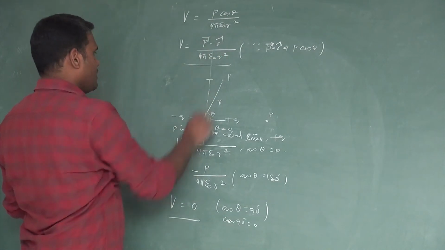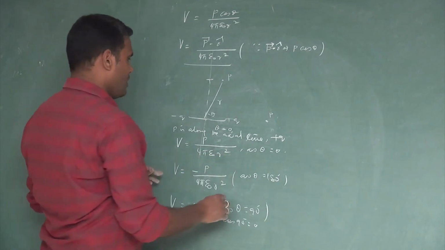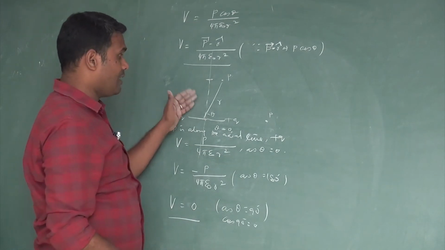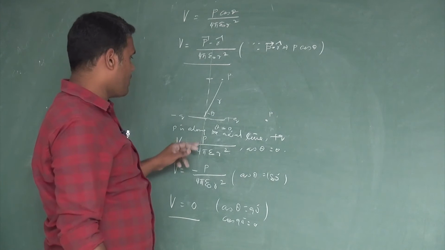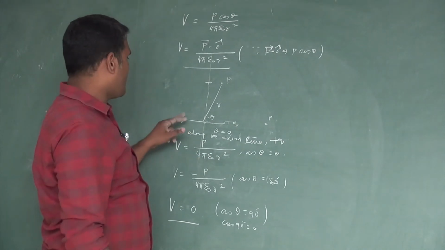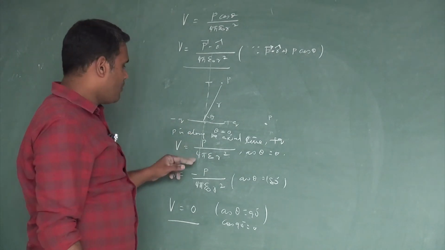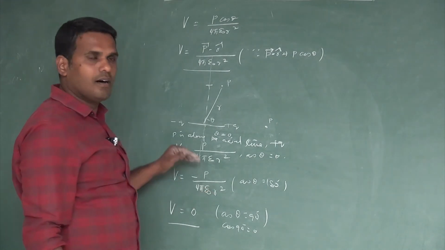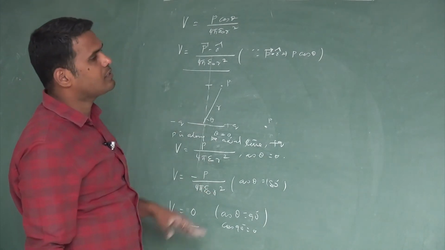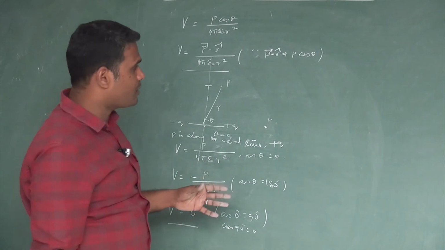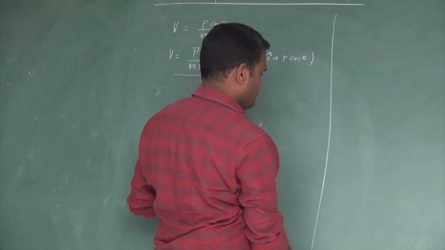So potential along the equatorial line is 0 always. Potential along the axial line along the side of the charge plus q is p by 4 pi epsilon naught r square. Along the side of the charge minus q is minus p divided by 4 pi epsilon naught r square. From these results, we can speak about the important points and inferences.